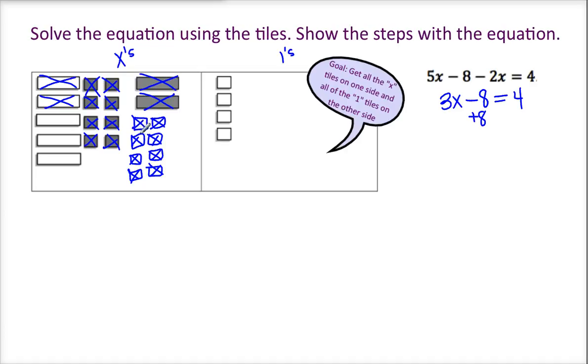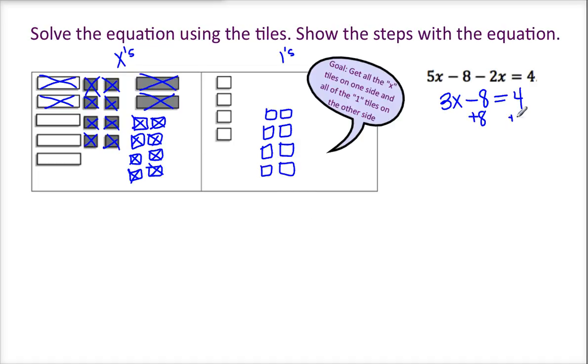In order to keep things balanced and in order to keep things straight, I need to do the same thing on both sides. So if I add positive 8 over here, think of it like a scale. In order to keep it balanced, I have to add positive 8 to this side too. So if I add positive 8 to both sides, it doesn't change my equation.